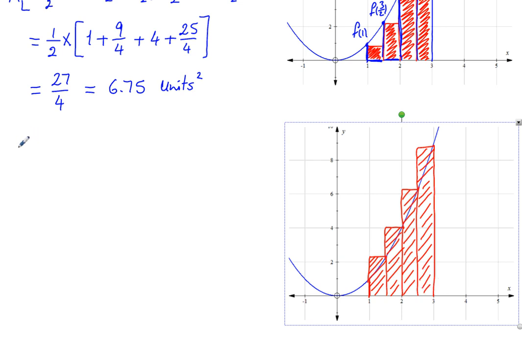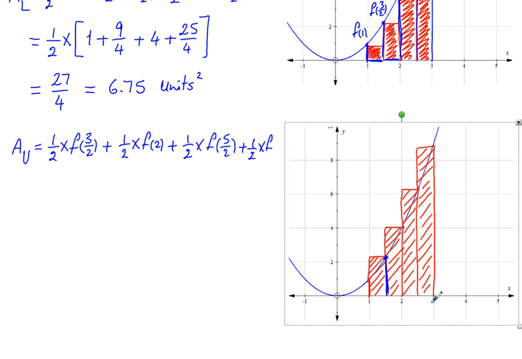So area of upper rectangles equals half times the first rectangle here has a height of this one here, that's f of 1.5, so that's f of 3 over 2, plus half times the next one is f of 2, plus half times f of 2.5, which is 5 over 2, plus half times f of the last one is f of 3.